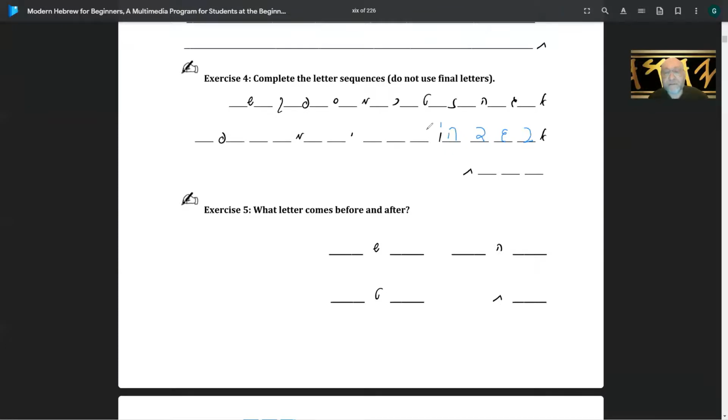Remember it looked like a snake almost. Hey, Vav, Zayin, Chet. Now we need that Tet. Tet, Yod, Chaf, Shepherd's Crook, Lamed, Mem.